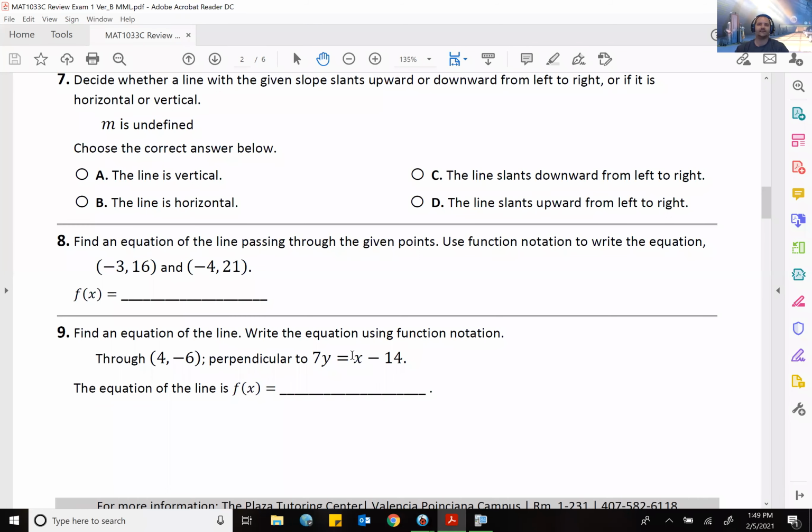What does the line look like for an undefined slope? Is that vertical? That is correct. Anytime the slope is undefined, you have a vertical line. So the answer is A.